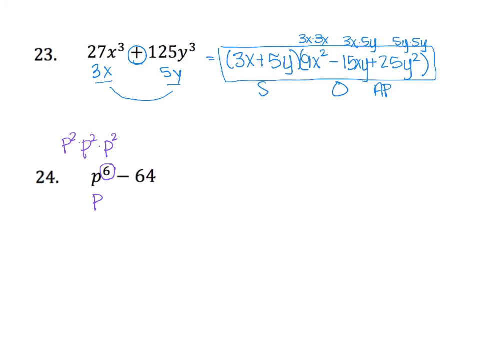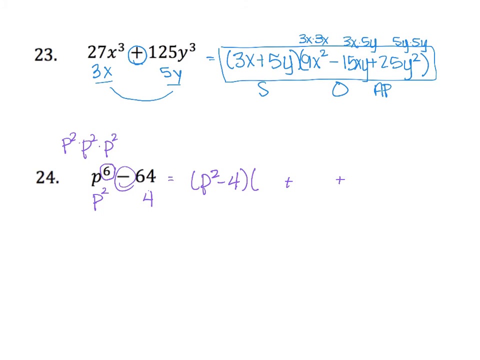So p to the 6th, the cubed root is p squared. And then the cubed root of 64 was 4. So I start with the same sign. P squared minus 4.